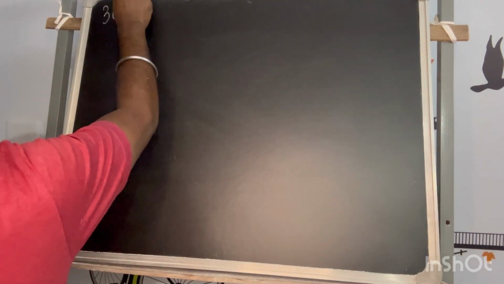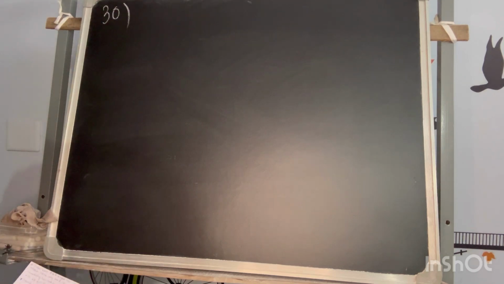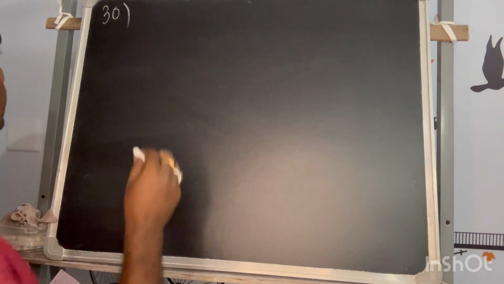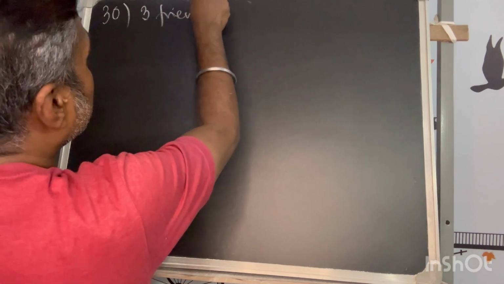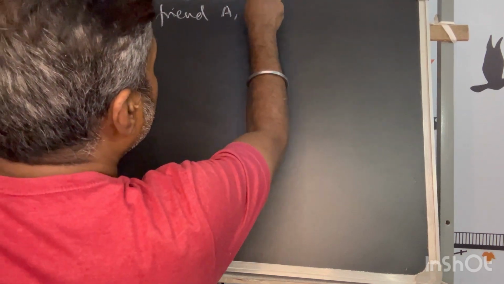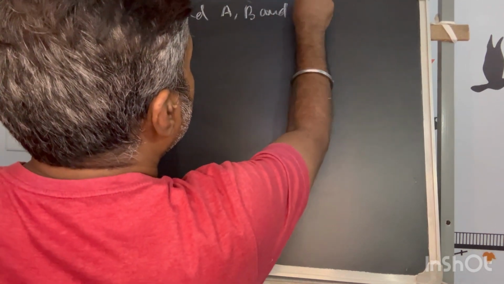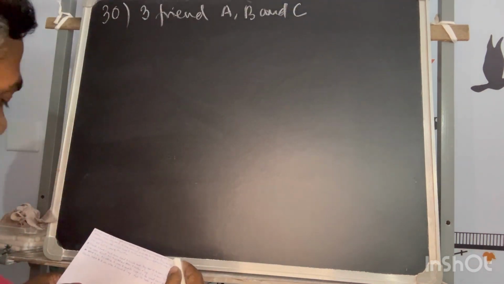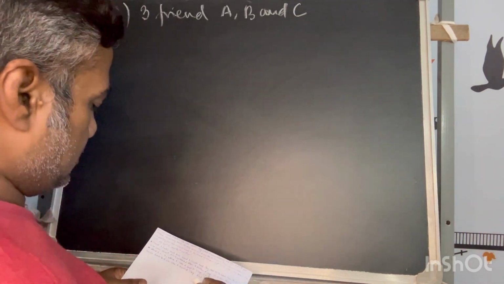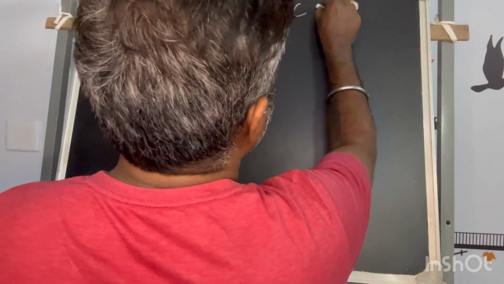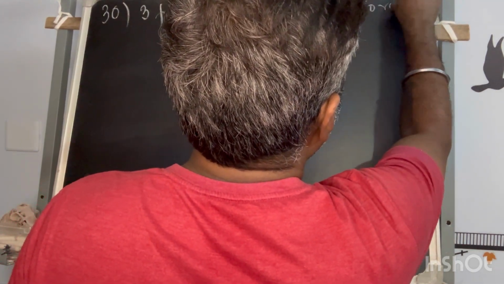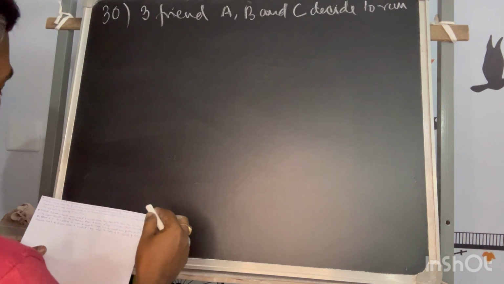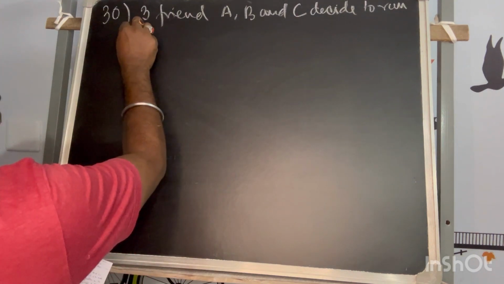Problem number 30. Three friends A, B and C decide to run around a circular track.